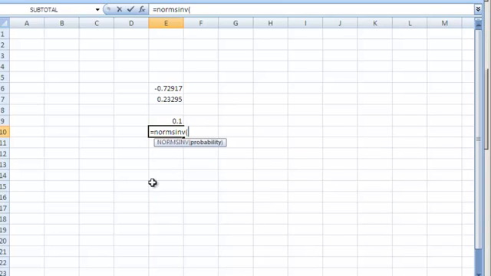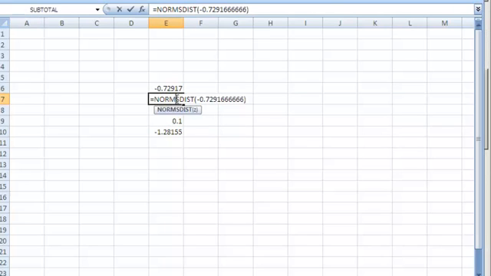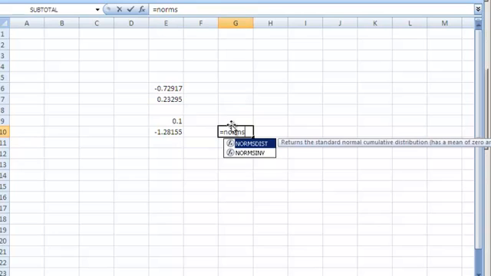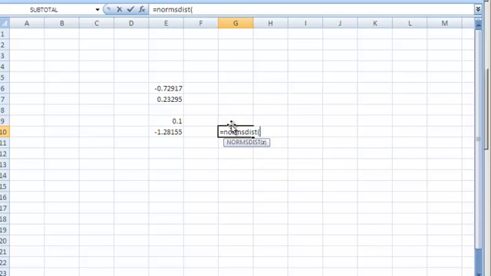Inverse, 0.1. Let's put 0.1 in by hand. Minus 1.28. And then to check that, if you put this back into the function, NORM.S.DIST, put that number back into it, then you get 0.1.